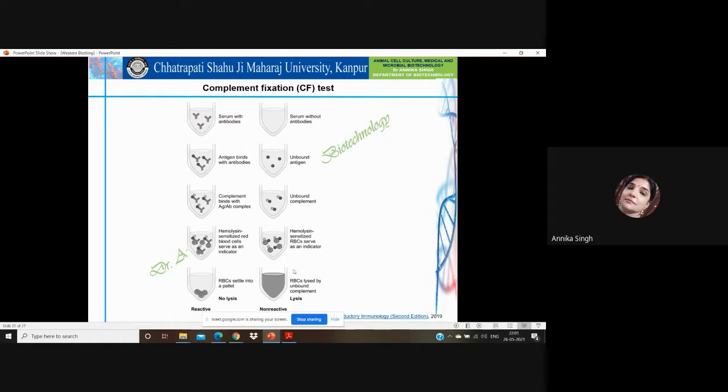Is it clear? It shows a negative result because the control, यहाँ पे control क्या है? Sheep RBCs and its antibody, which when they come in contact form a complex.